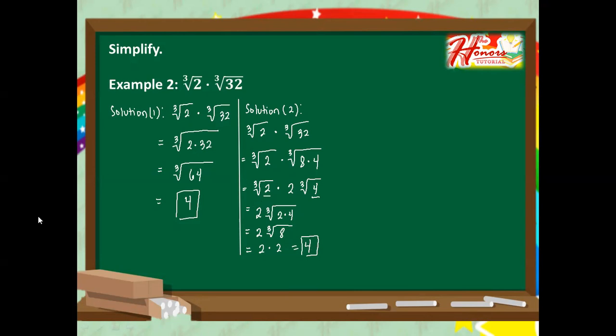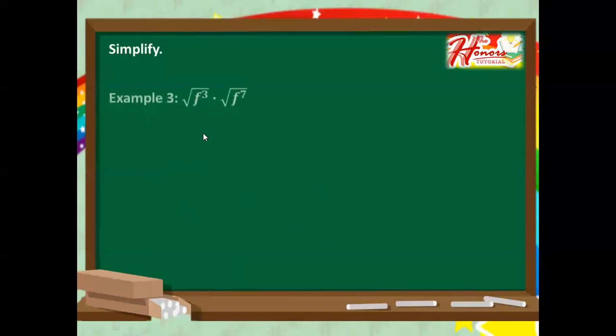Let us have another example. Now we have here the square root of f cubed times the square root of f raised to 7. And this is how we are going to solve for it.